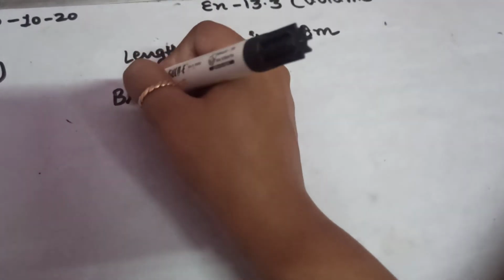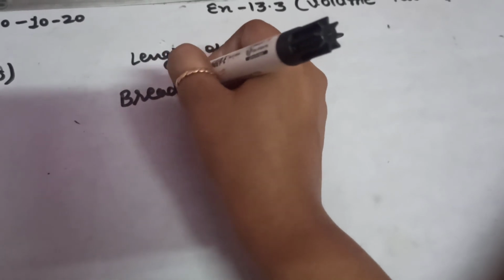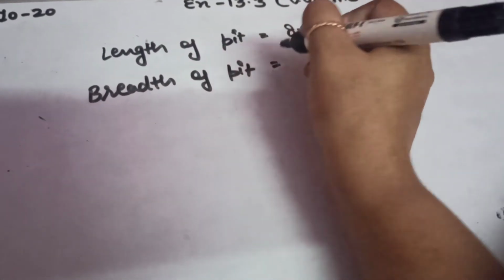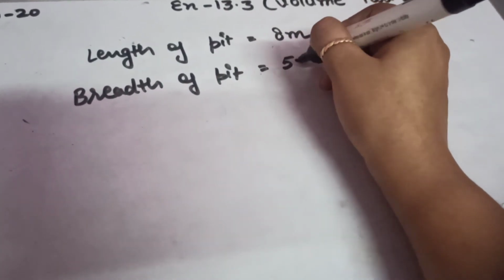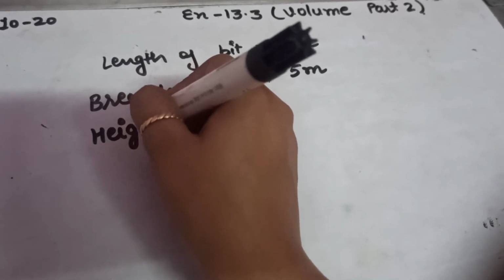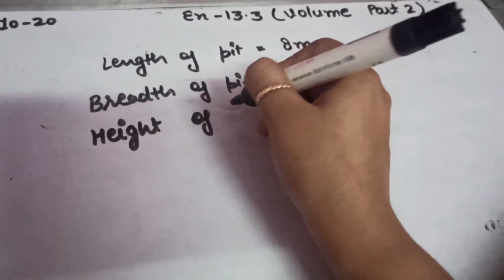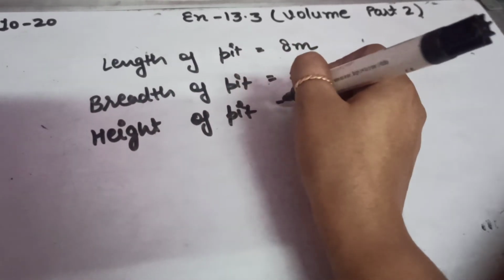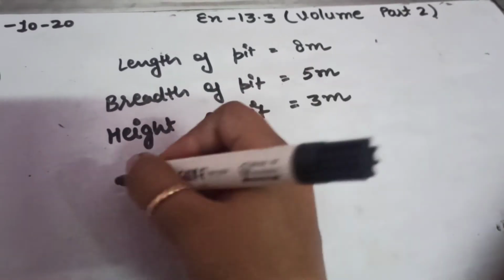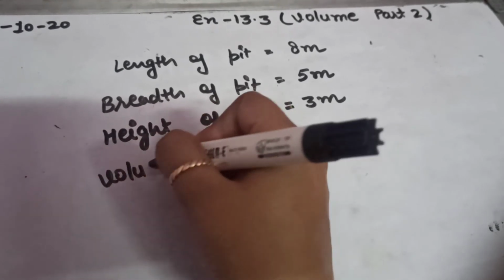Then breadth of pit, what is the breadth? 5 meter. And then height of pit, so what is the height? 3 meter.